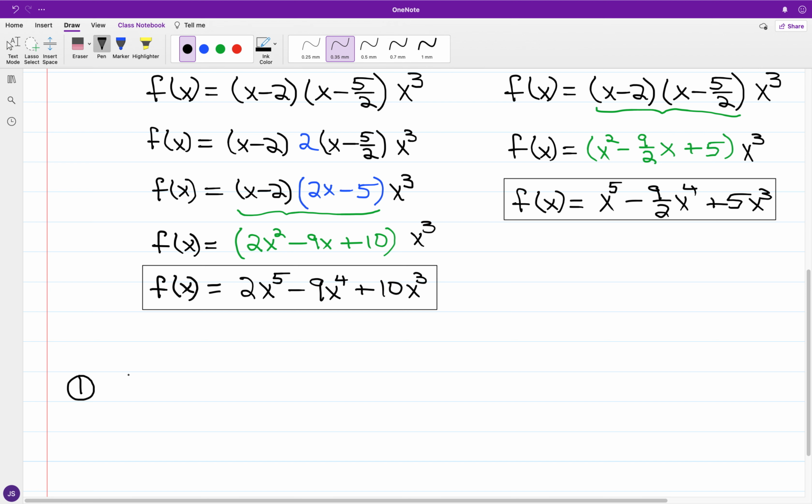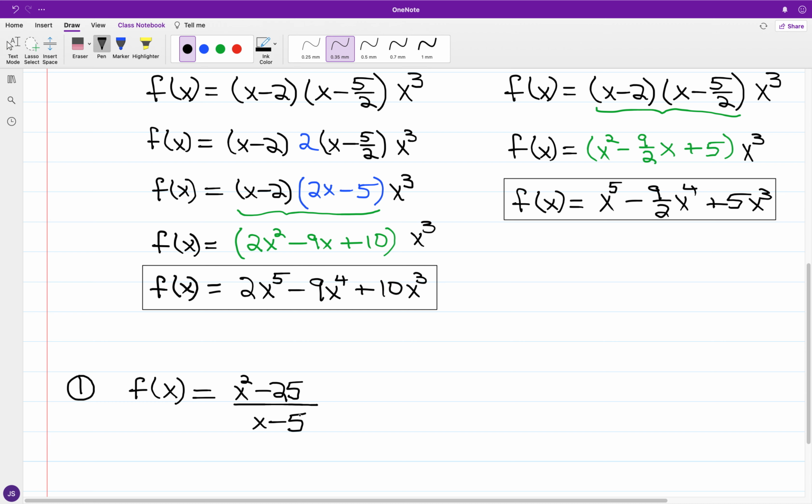Now we have, in the case of, say, the first item, we have the function f of x is equal to x squared minus 25 all over x minus 5.